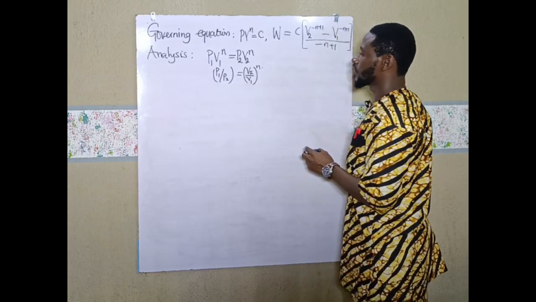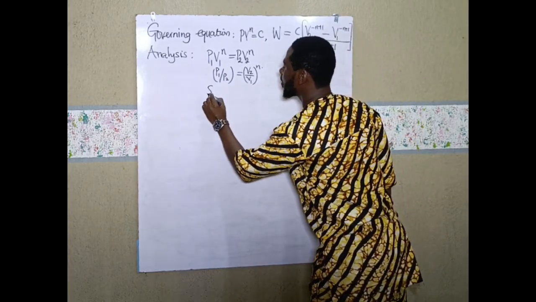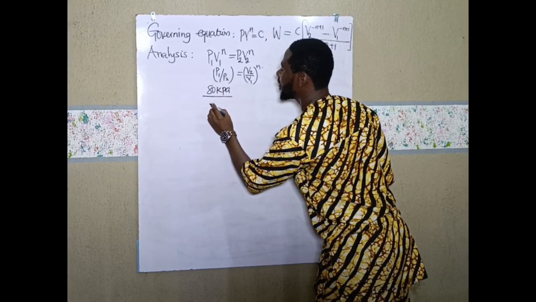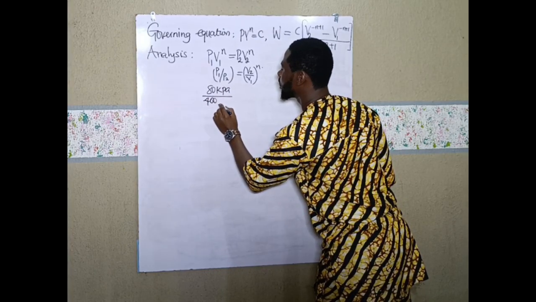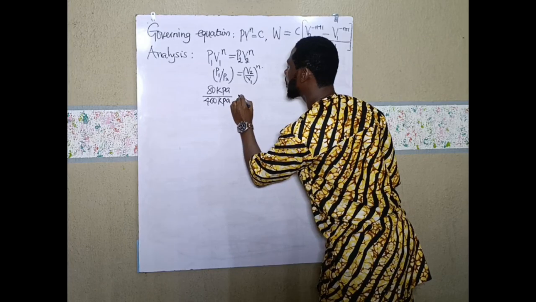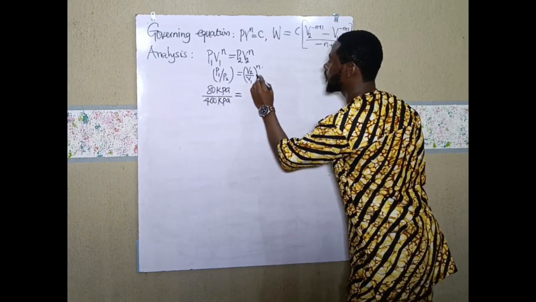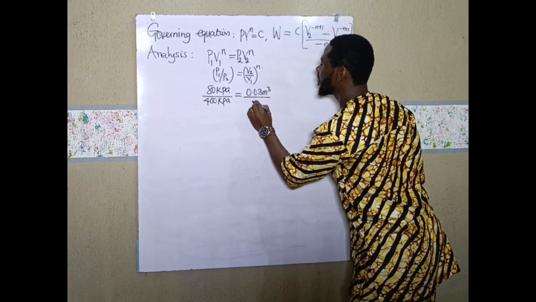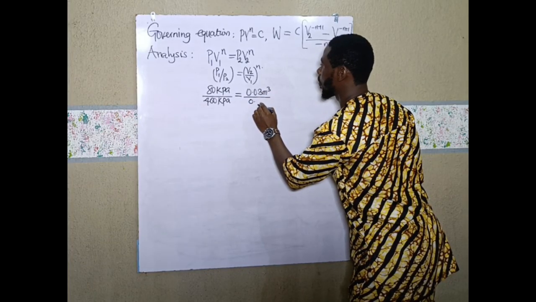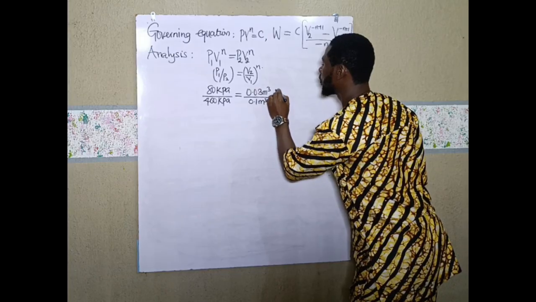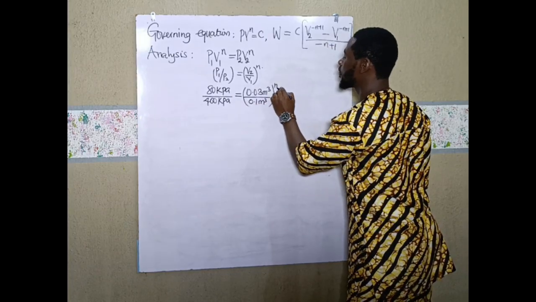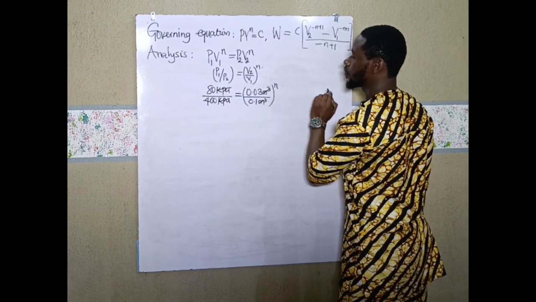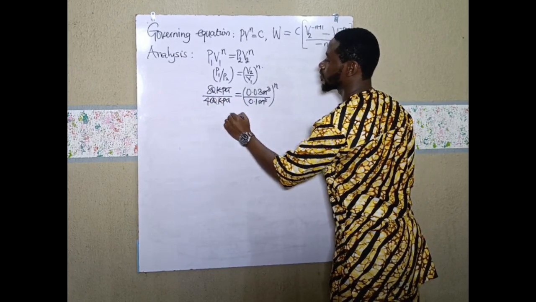Inserting P1, P2 values, we have 80 kPa divided by 400 kPa, which is the same thing as V2 value, 0.03 meter cube, divided by 0.1 meter cube, all raised to the power of n. kPa cancels kPa, meter cube cancels meter cube. 40 goes in this.